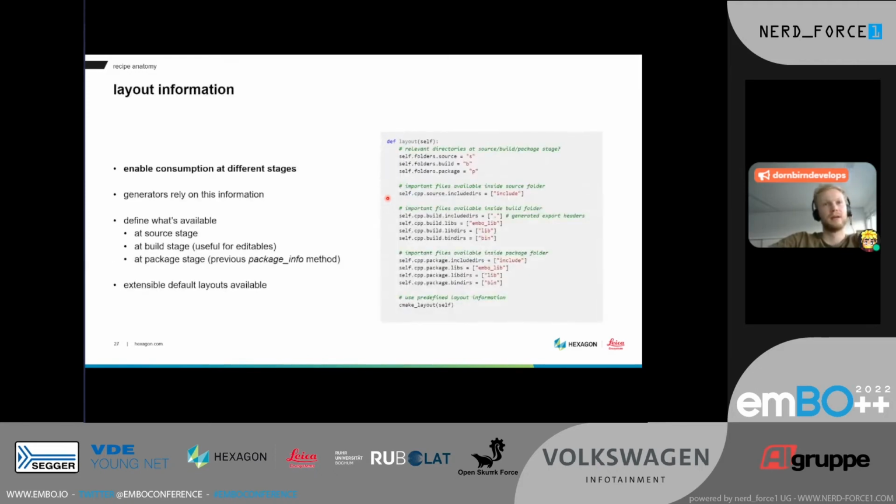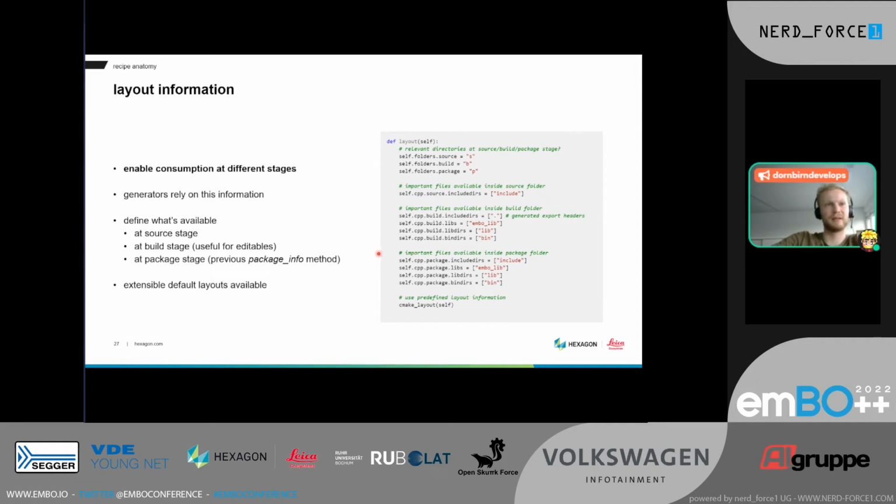This is maybe the most important function. So the layout function is one that describes at which phase of a package creation where to find stuff. What do I mean by this?